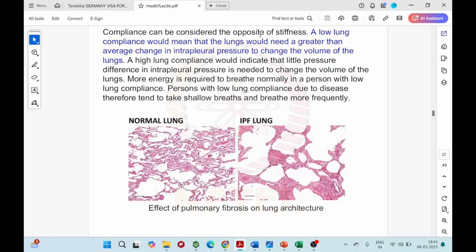And a high lung compliance would indicate that little pressure difference in the interpleural pressure is needed to change the volume of the lungs. So more energy is required to breathe normally in a person with low lung compliance. So a person with low lung compliance due to disease tends to take shallow breaths and breathe more frequently.